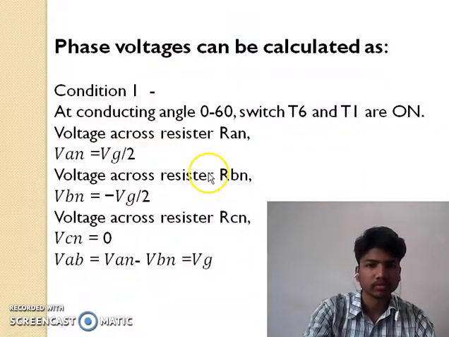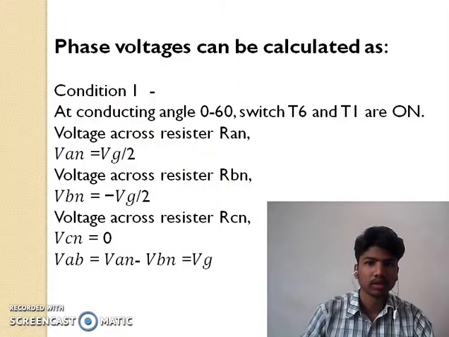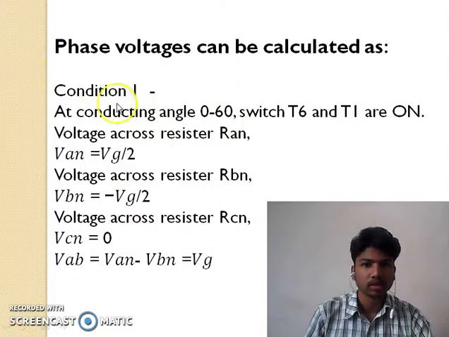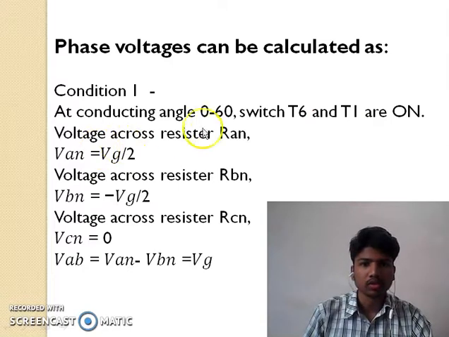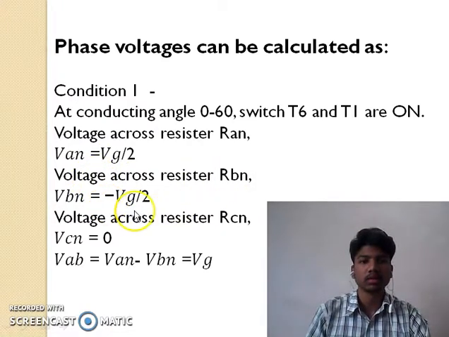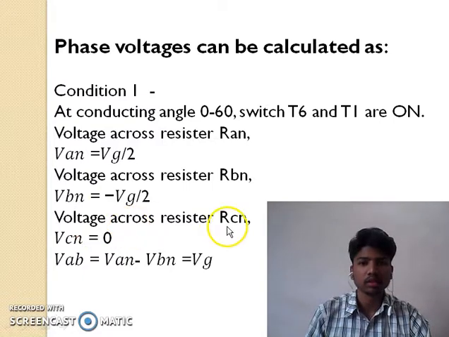Again, here we have calculated the first condition. At conducting angle 0 to 60, switches T6 and T1 are on. The voltage across resistor RAN, that is VAN, is equal to Vs by 2, and the voltage across resistor RBN, VBN, is equal to minus Vs by 2. The voltage across resistor RCN, VCN, is equal to 0.